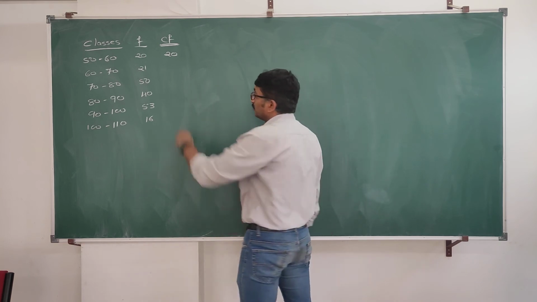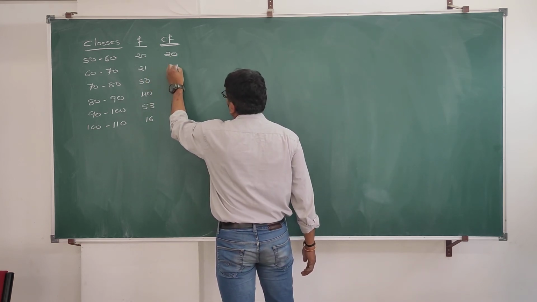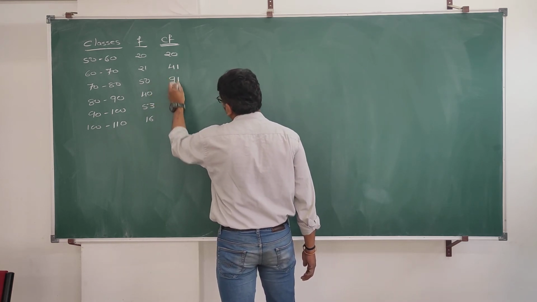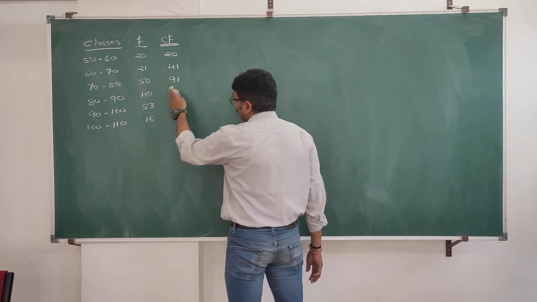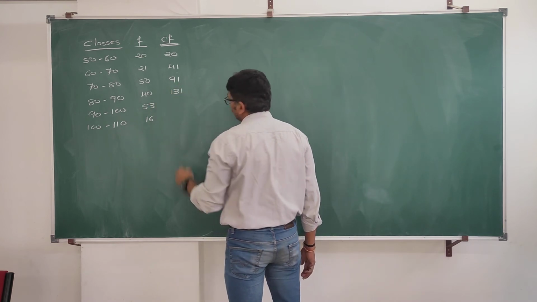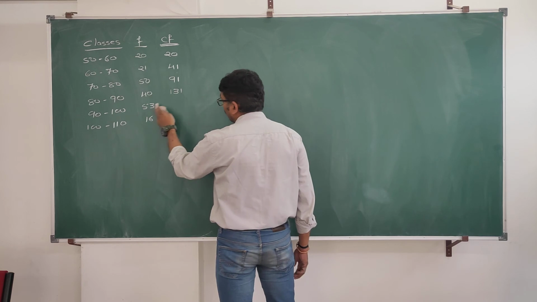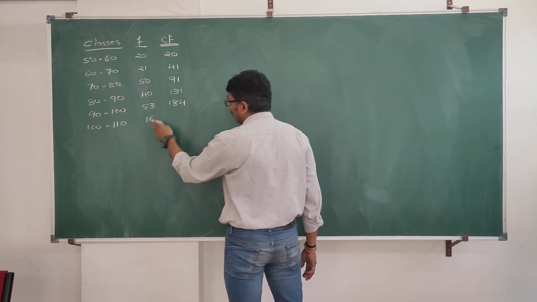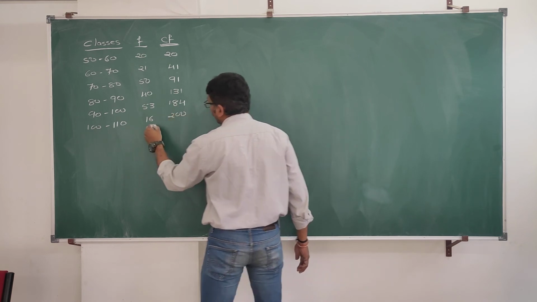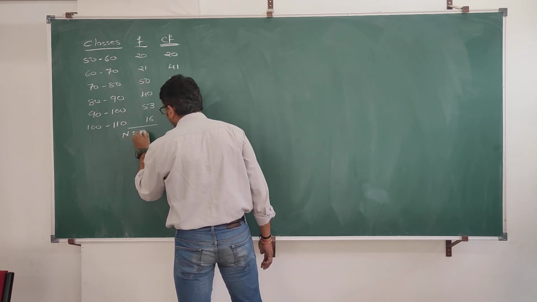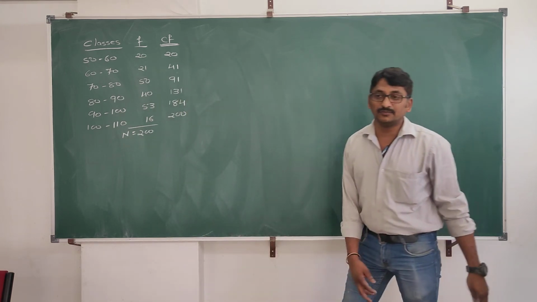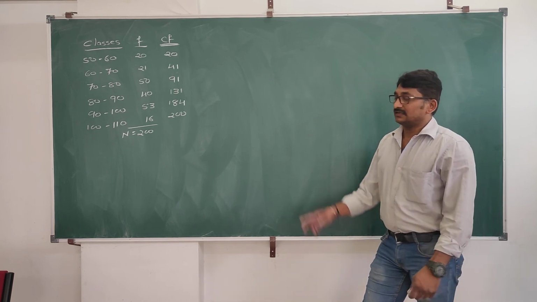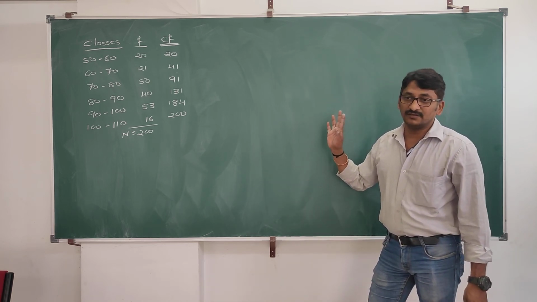Then go on adding: 20 plus 21, 41. 41 plus 50, 91. 91 plus 40, 131. 131 plus 53, 184. And 184 plus 16, 200. Means your n value must be 200. The total of frequency must be 200.